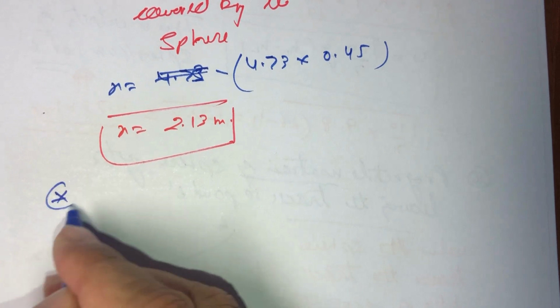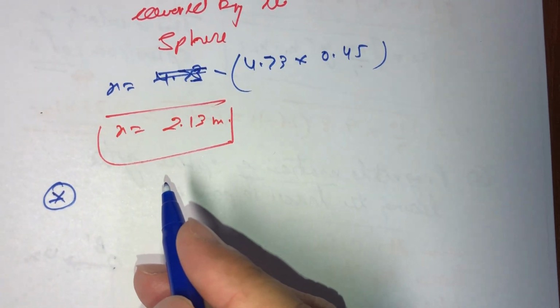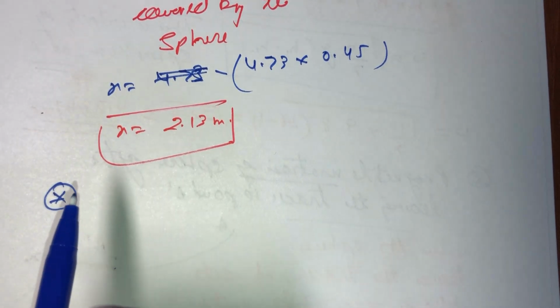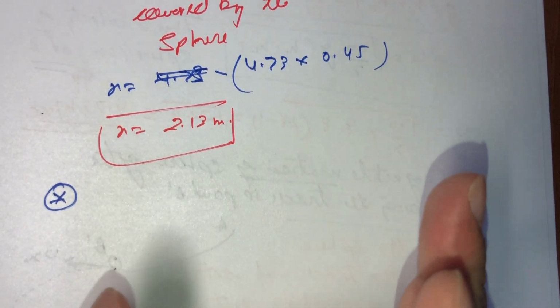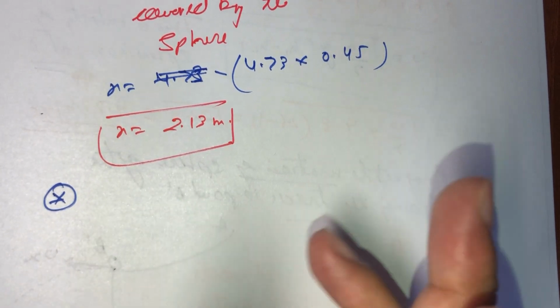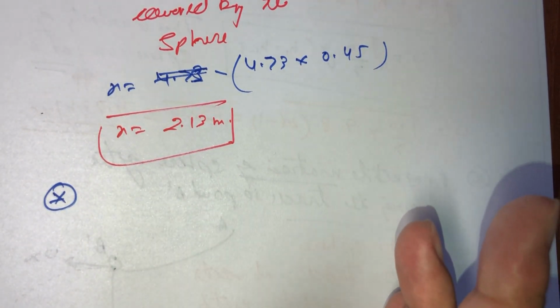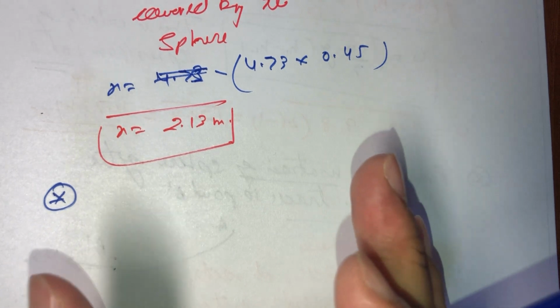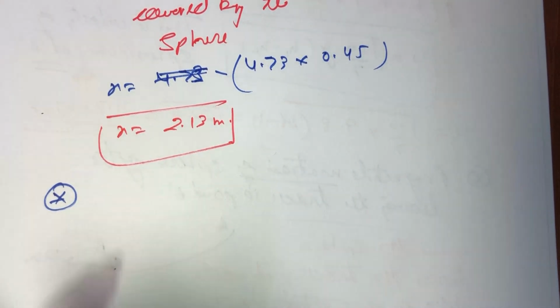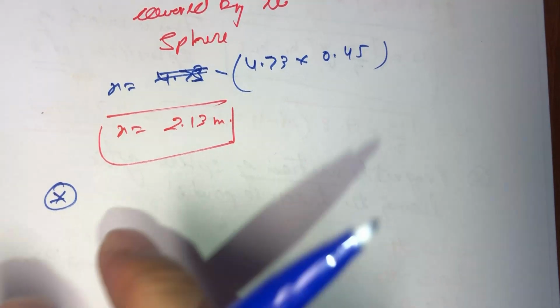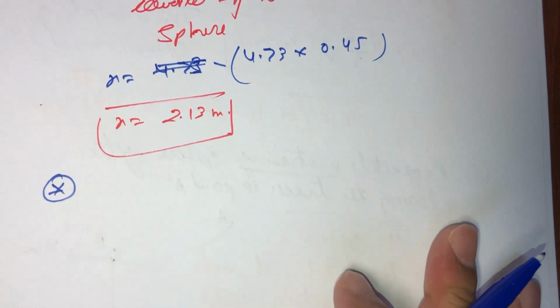So once the sphere is in the air and behaves as a projectile, there is no external force acting on it. We can neglect the air resistance. So if the external force is absent, the angular velocity with which it is going to rotate will be the same.